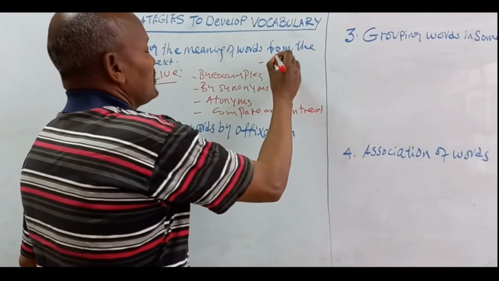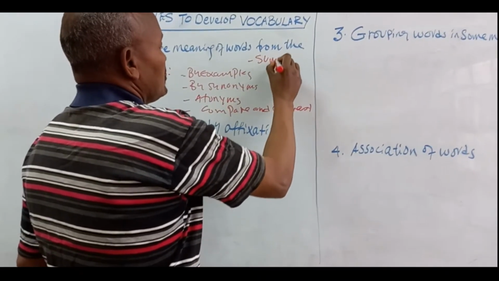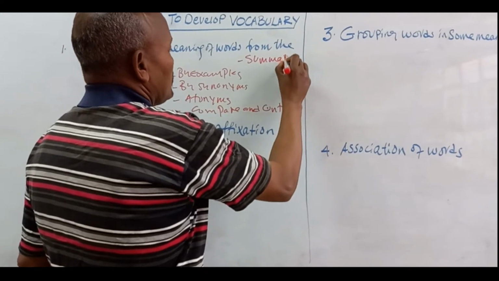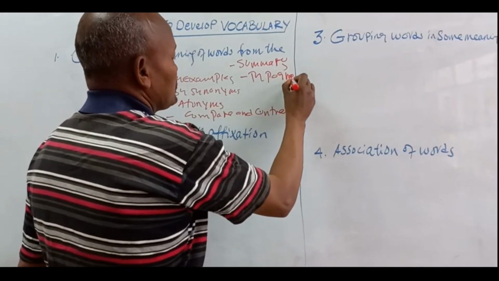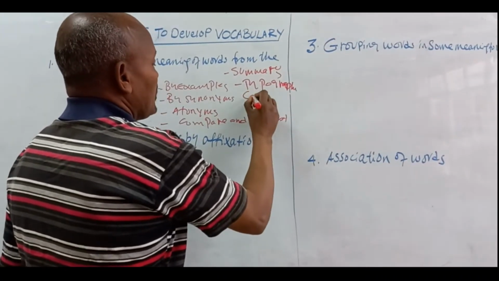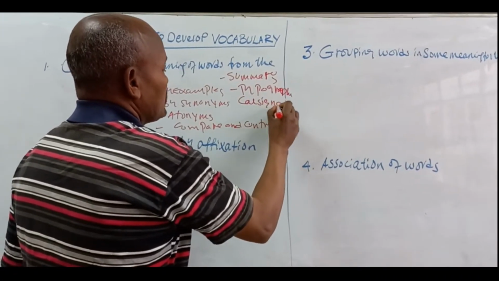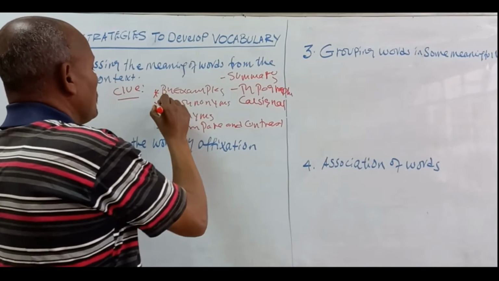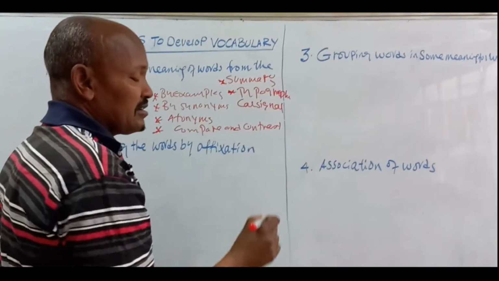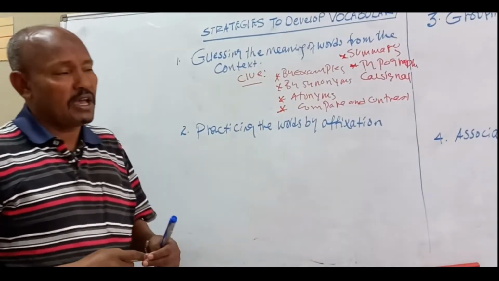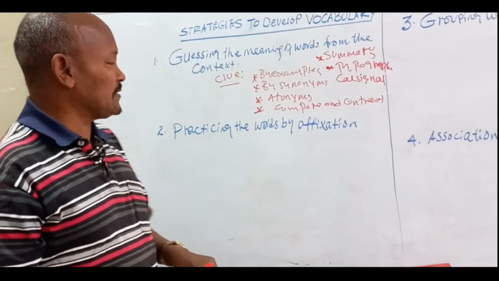And the other one is summary. And the other very important one is typographical signals, which are punctuation marks. These are the key ways of getting clues from any reading texts.